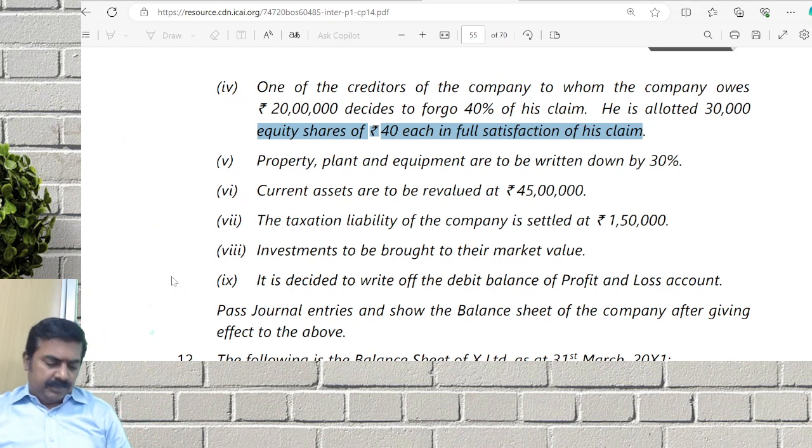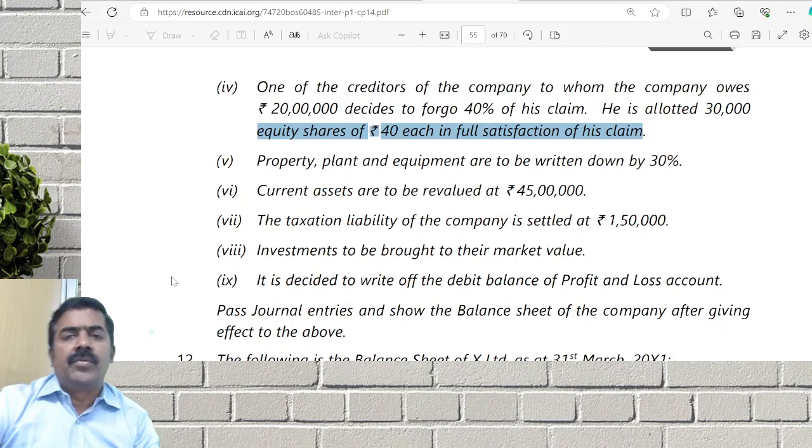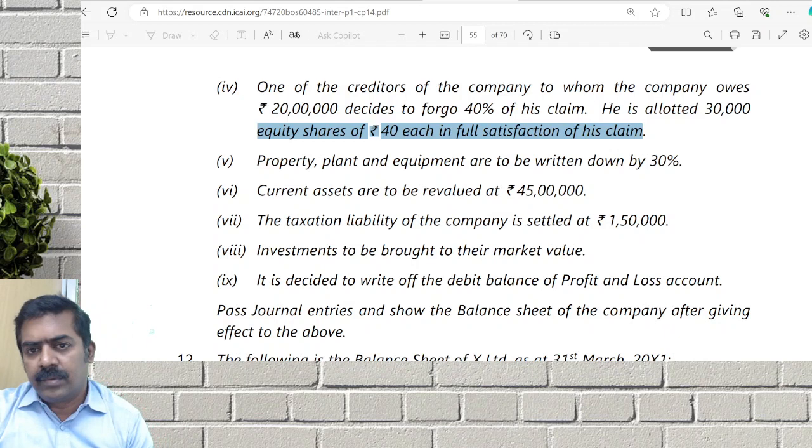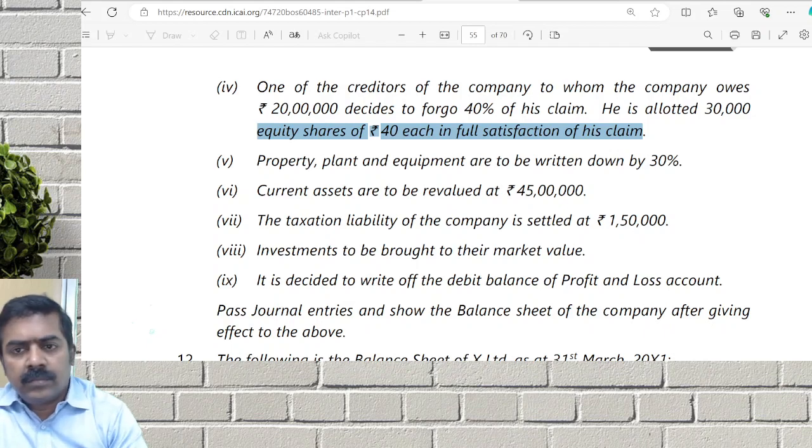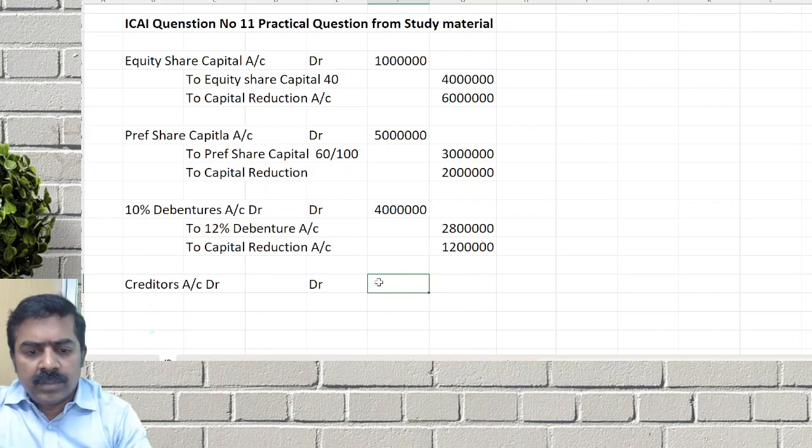How much they forego? 20 lakhs debit பண்ணிக்கங்க.